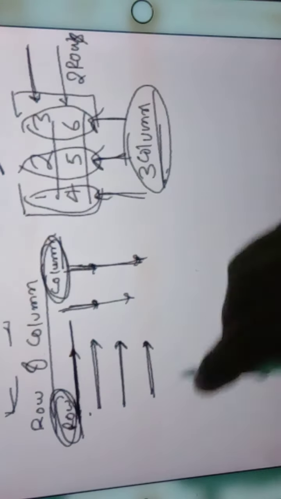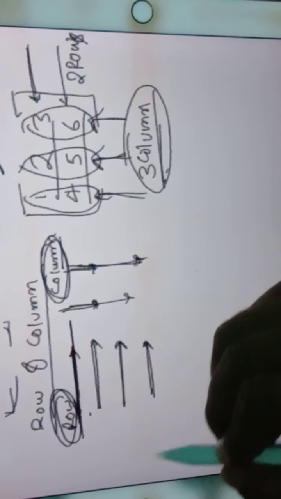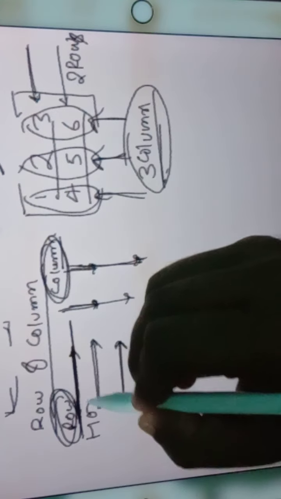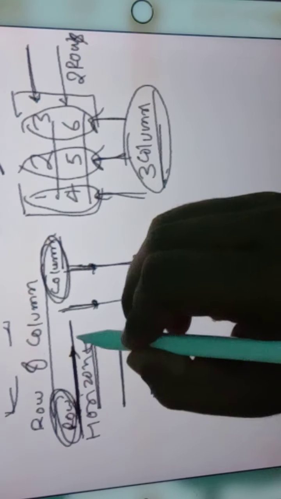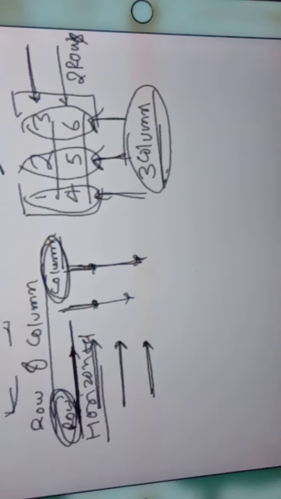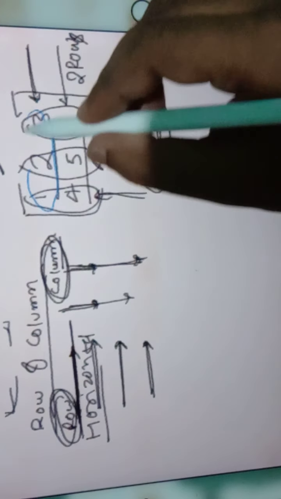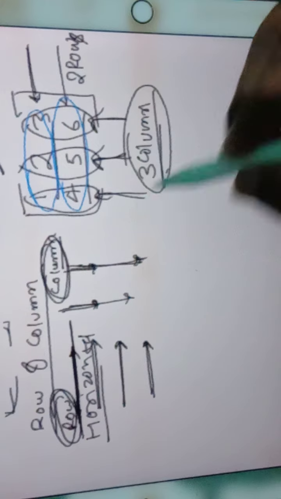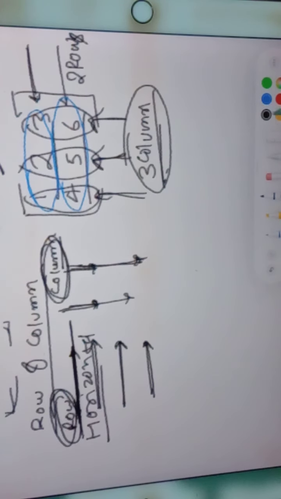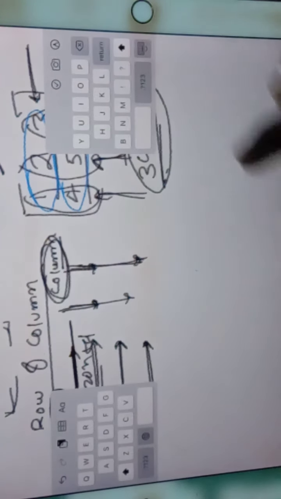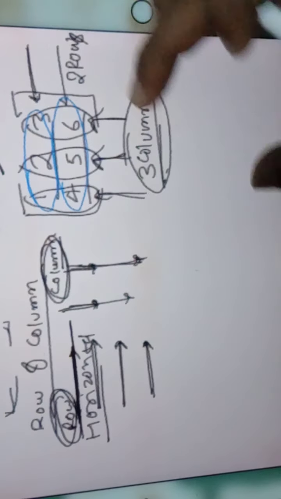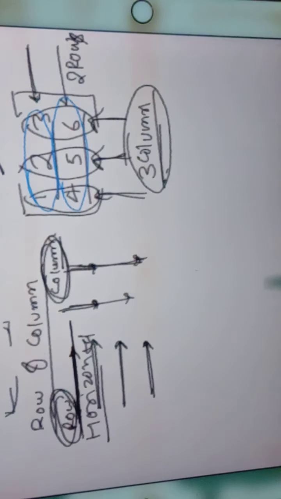And how many rows? A horizontal line is a row. So here this one and this one, that is 2. 2 rows and 3 columns.